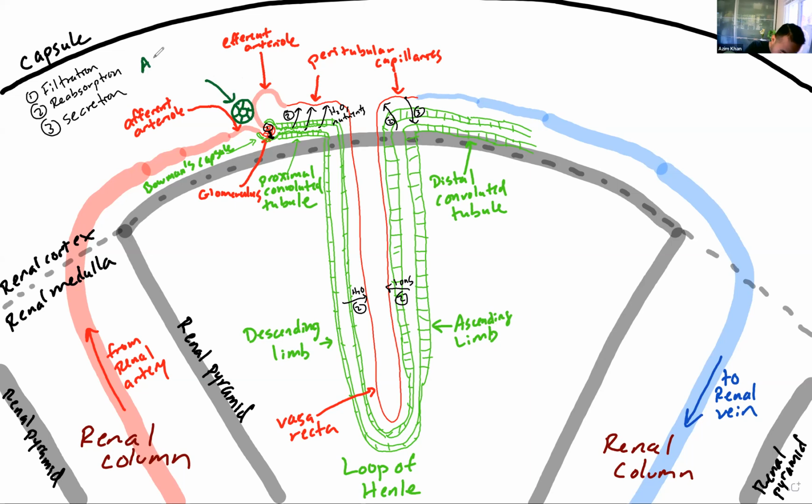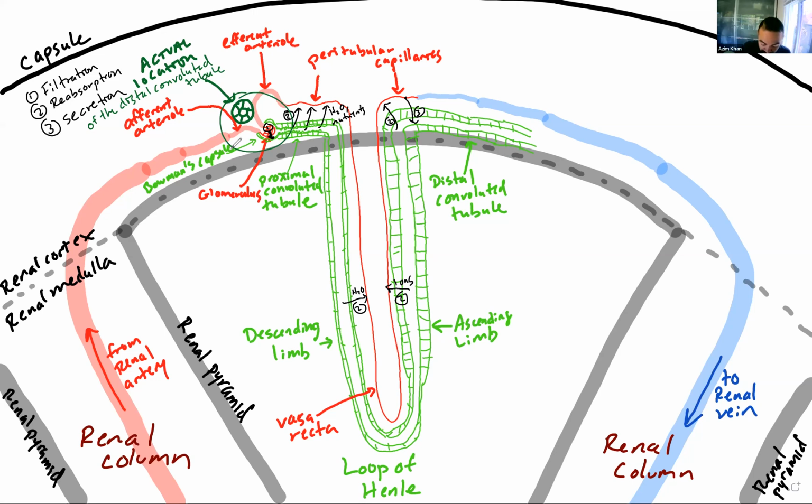This is the actual location of the distal convoluted tubule. That's the actual location. It's right in between the afferent and efferent arterioles, next to the Bowman's capsule.